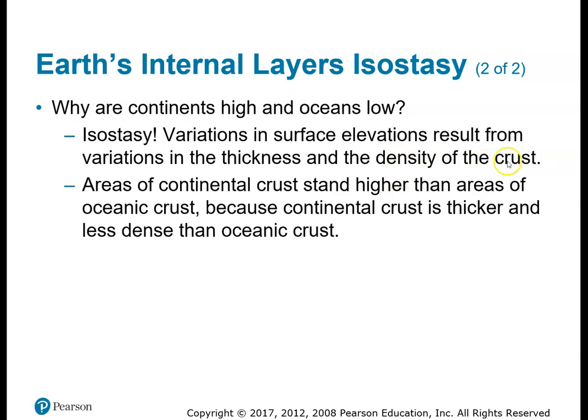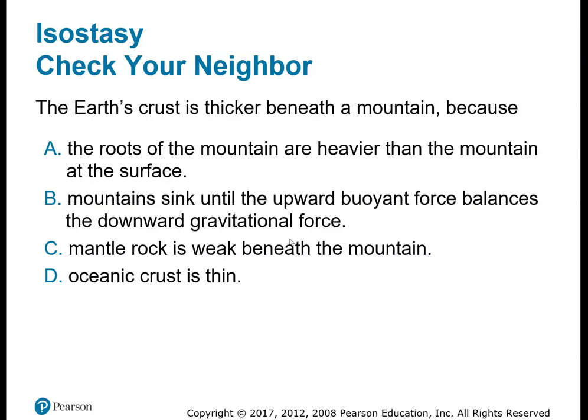We're talking about the continental crust here. The areas of continental crust stand higher than the areas of the ocean crust because continental crust is thicker and less dense. I'll show you a picture of this in just a second.